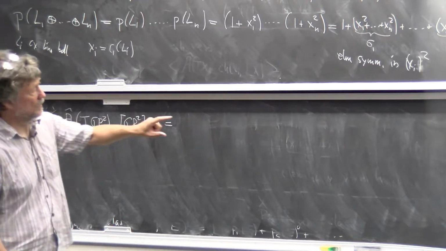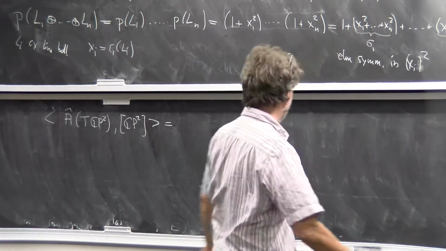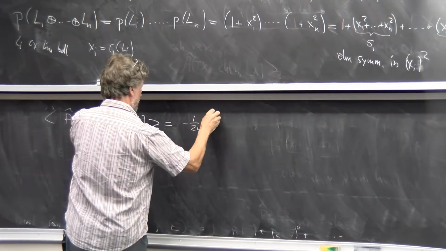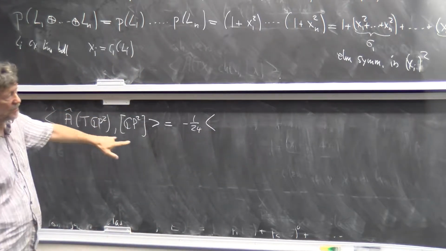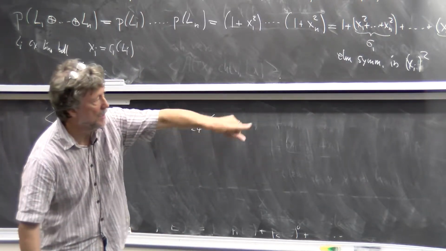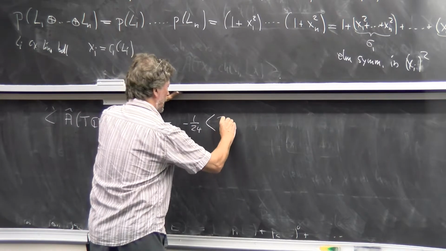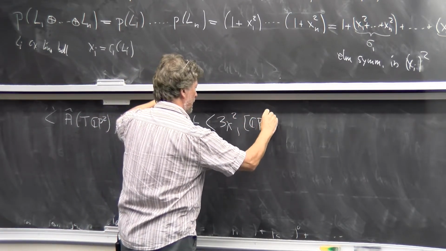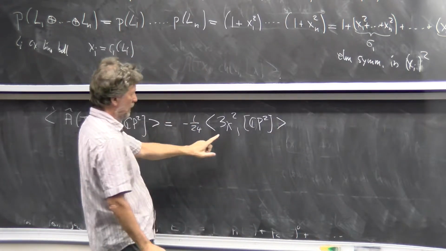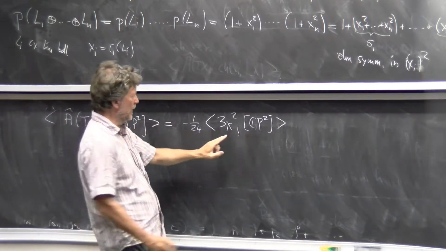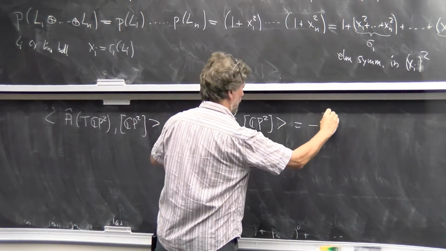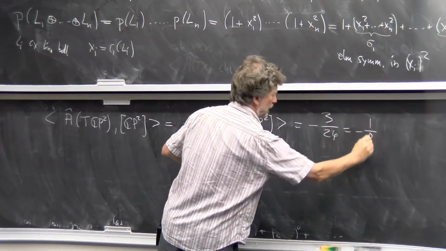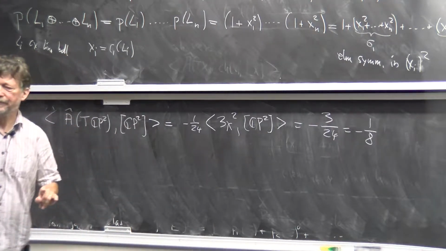Well, the A-roof class was minus 1 over 24 times the first Pontryagin class, and the first Pontryagin class of that we calculated to be 3 times x squared, evaluated on the fundamental class of CP2. Well, x squared evaluates to 1 on this one here, so this is minus 3 over 24. It's minus 1 over 8.